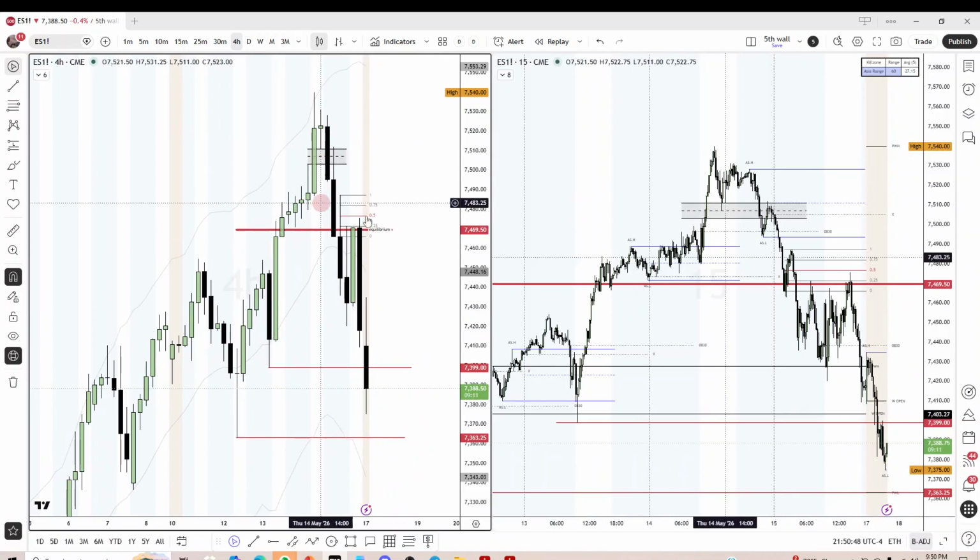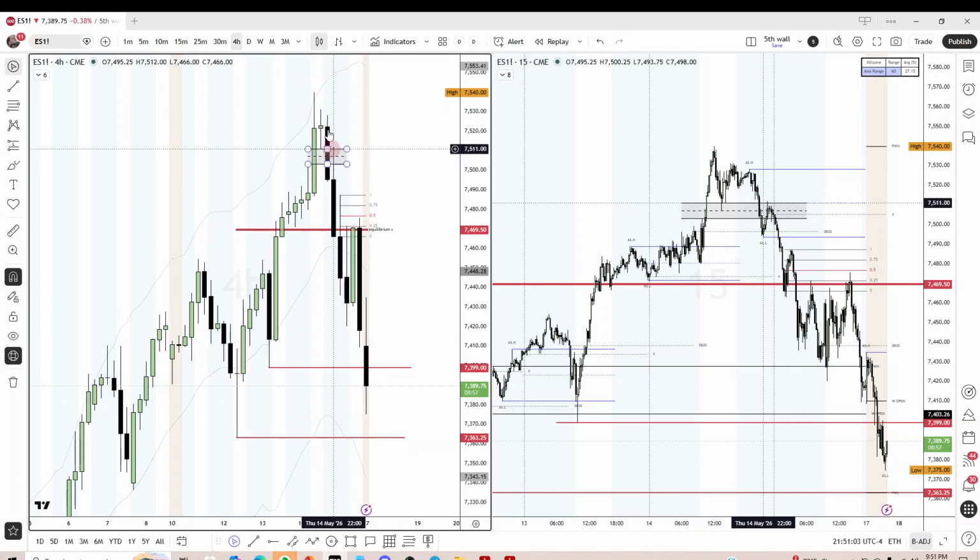All right, so far everything has been done on the high time frame chart. This is legitimate. If you prefer to trade in the 4-hour, these are legit entries. These are legitimate entries here. Here, stop would have been up here or here.